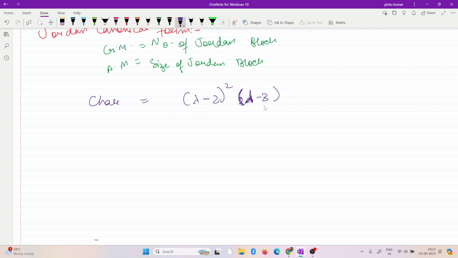Because your 3 is repeated only once, you will surely have one independent eigenvector. That is for sure. If your algebraic multiplicity is 1, like here, then you surely have one independent vector. This we have done, right?